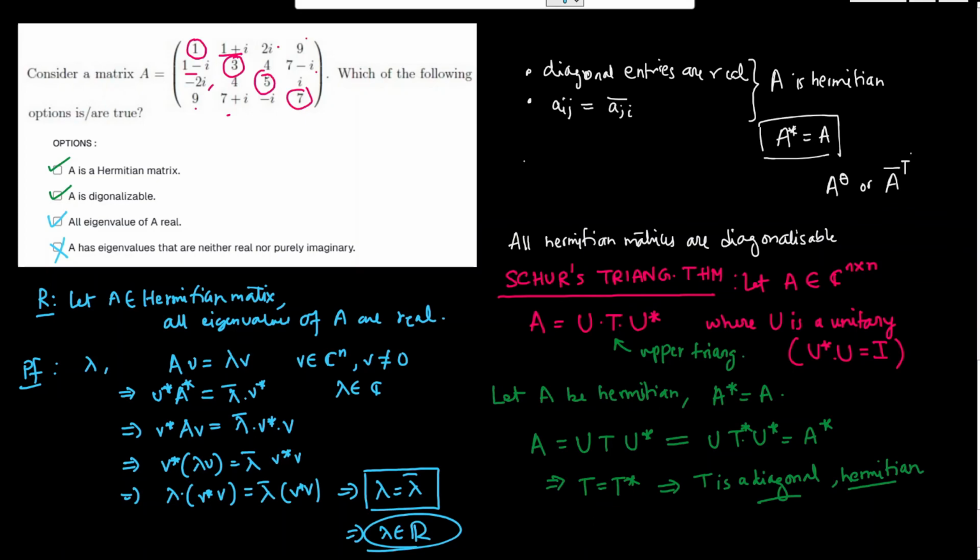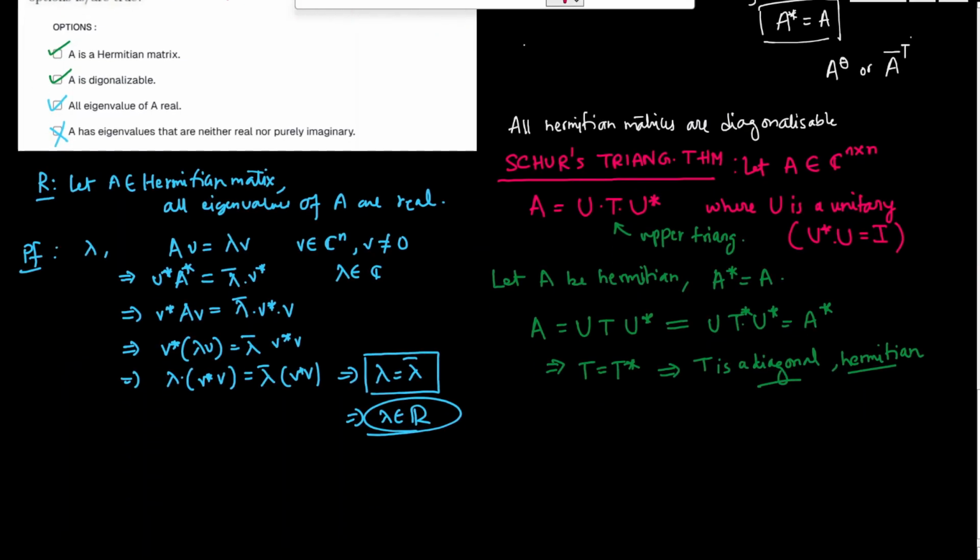In fact, there is another way to look at it. In Schur's triangulation theorem, what we can say additionally about U and T is that U contains the eigenvectors of A as its columns, right?